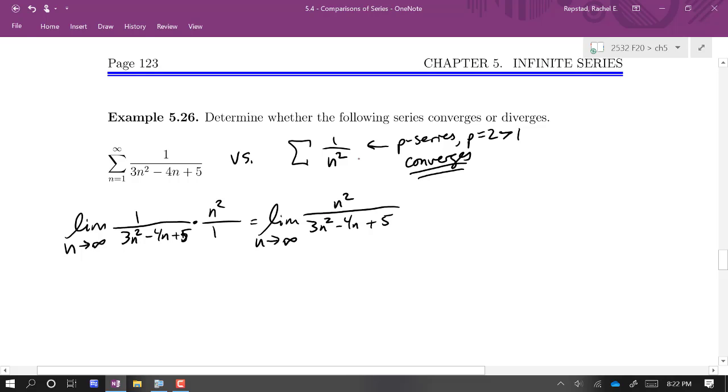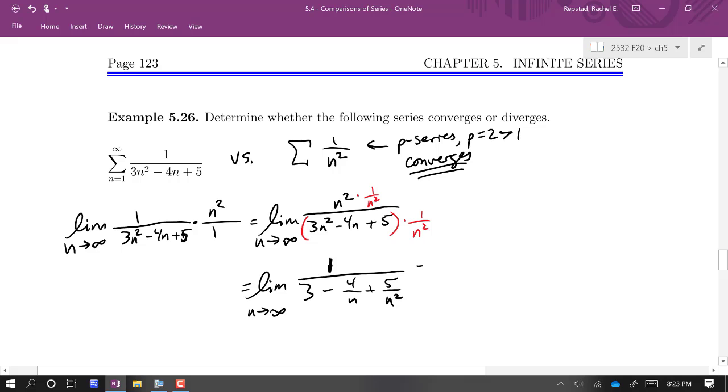A simple algebraic move will work here. I'm going to multiply the top and the bottom both by 1 over n squared. And we get on top 1. On the bottom we get 3 minus 4 over n plus 5 over n squared. The 4 over n and the 5 over n squared both approach 0 as n gets huge.